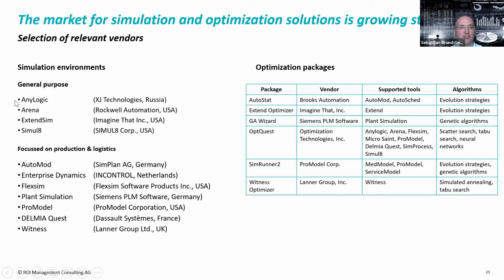Here we have some more general purpose simulation environments where you can simulate, let's say, anything that has a logic in it, from a factory to a network, or even a single machine behavior. They are very flexible. And here down you see, let's say, a little bit more focused production and logistics simulation environments.